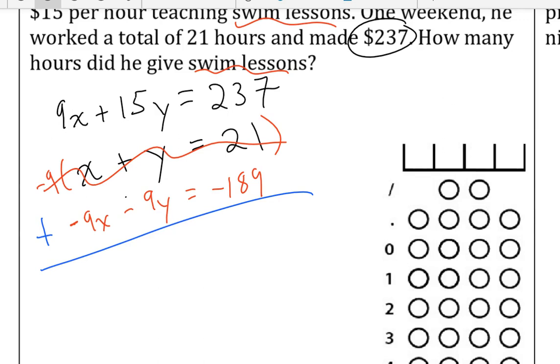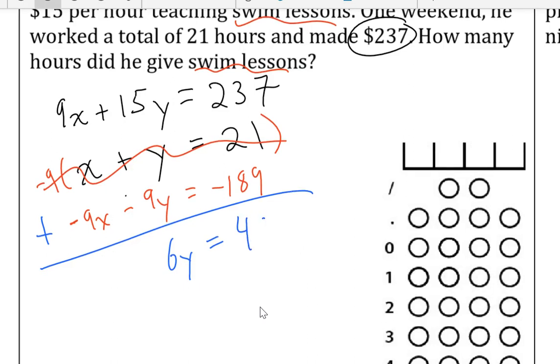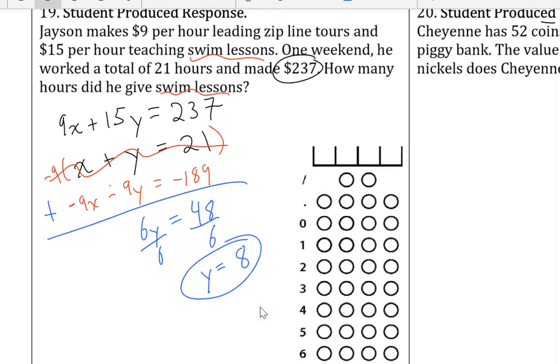So when I add my x's, they cancel out. 9 minus 9 is 0. And then 15 minus -9 gives me positive 6y. Then 237 minus 189 is 48. And again, there's a variety of ways we can get here, but I'm just showing you guys the fastest ways. So our answer here, we have 8 hours of swim lessons.